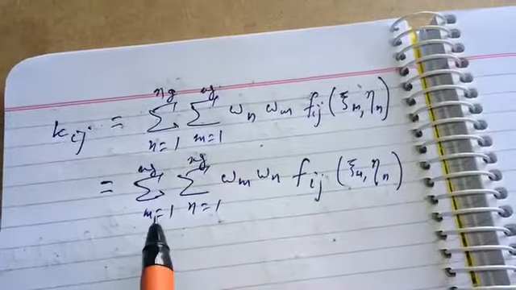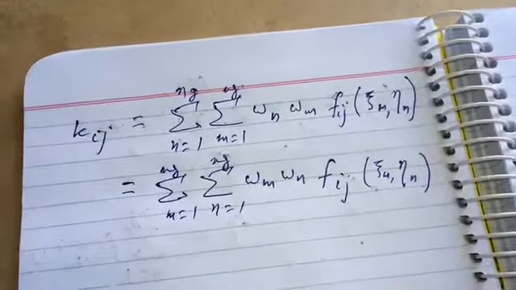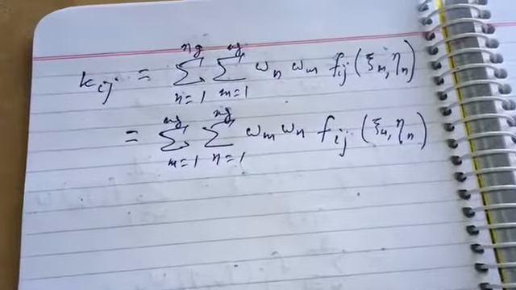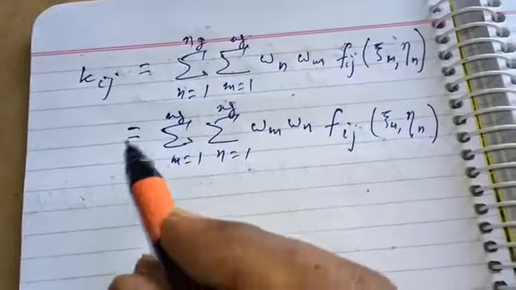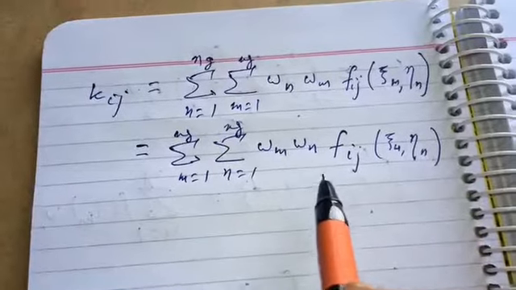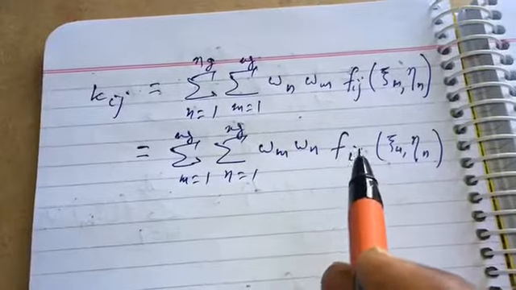Okay. So, we have m and n, m and n, and m and n, like this. So, this is the final expression for k_ij, or any integration of a function f_ij.